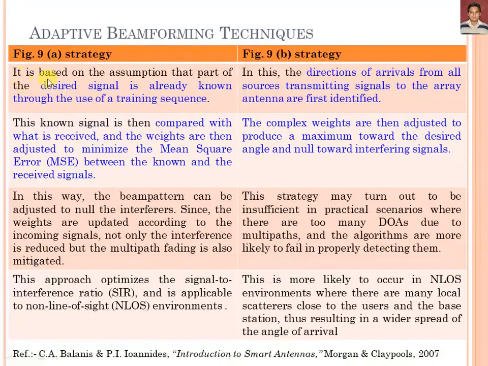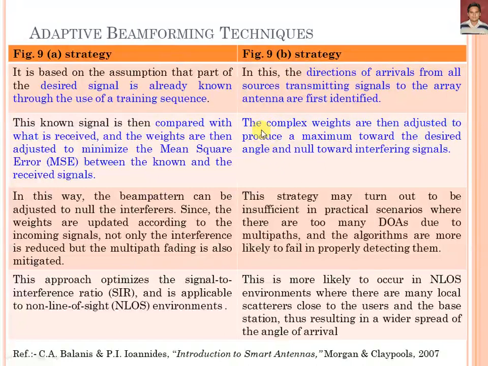The first strategy is based on the part of the desired signal being already known through the use of training sequences, but in the second strategy, the direction of arrival from all sources transmitting signals to the array antenna are first identified. This known signal is compared with the signal we have received, and then we adjust to minimize the mean square error between the previous and received signal.